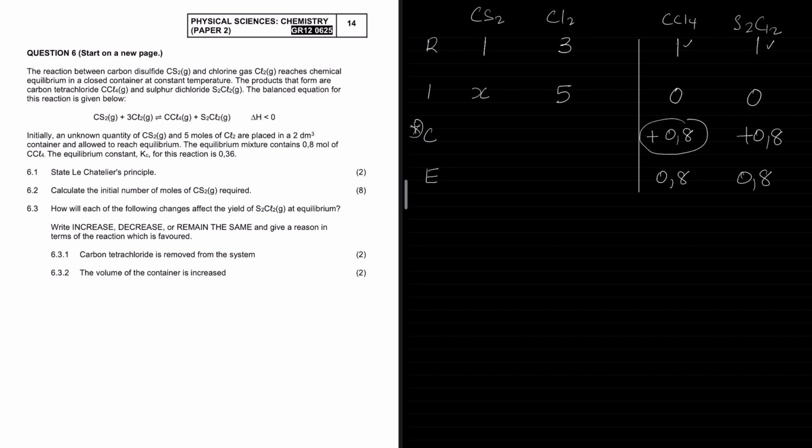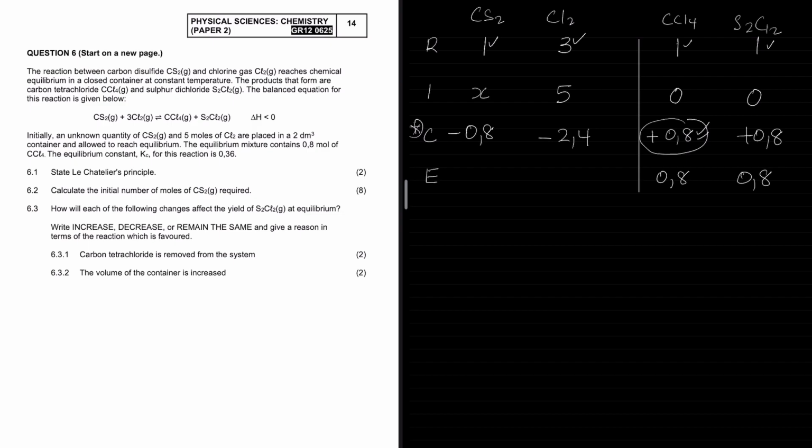Now the reason why I've drawn this vertical line is because everything on the left side is going to be subtracted. And we're going to subtract in a ratio as well. So if this is 0.8, this is going to be minus 0.8, again because the ratio is 1 to 1. If this is 0.8, it means that this is going to be 3 times that, which is 2.4, since the ratio is 1 to 3.